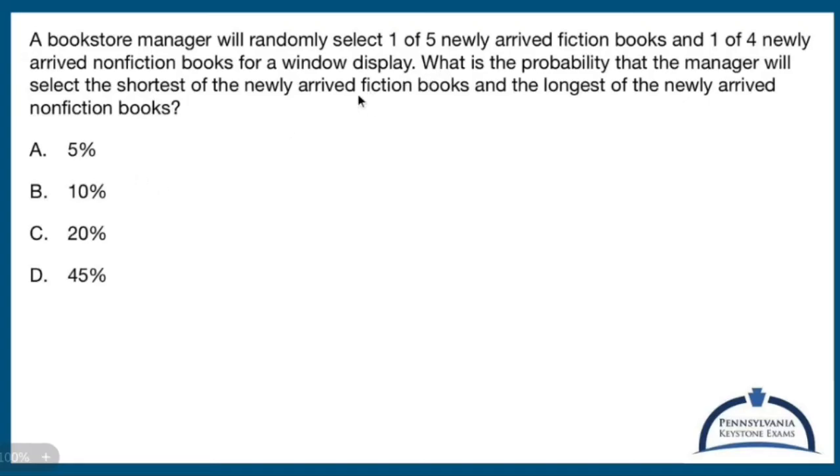All right, so 1 of 5 fiction, let's let that be the black pen. So the probability that the one that you choose is the, what do they want, the shortest? The shortest of the fiction books is going to be 1/5. The probability of the nonfiction books being the longest is going to be 1/4.